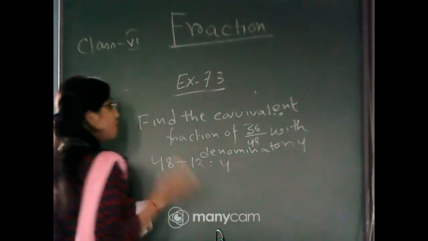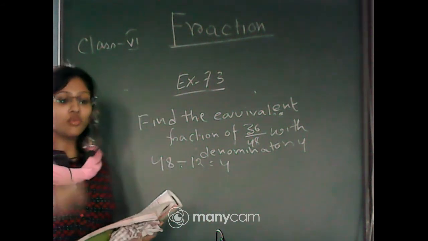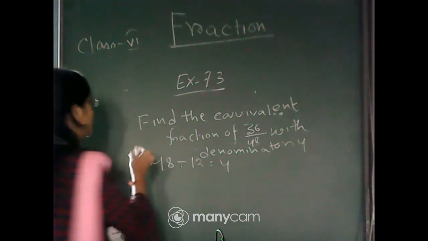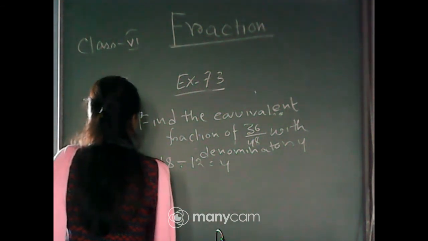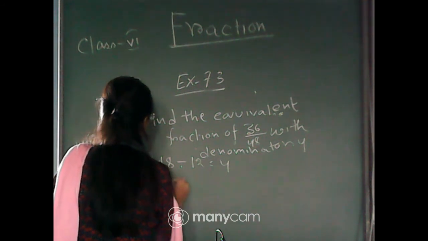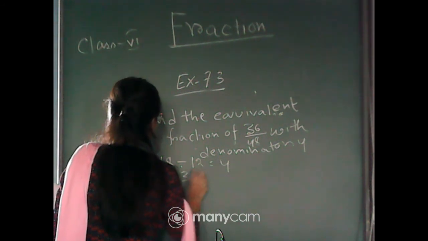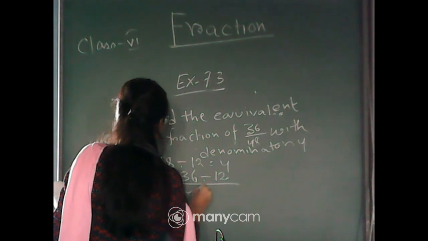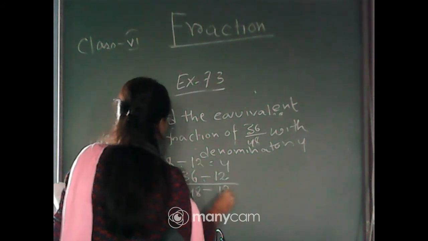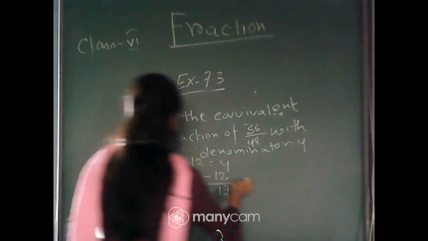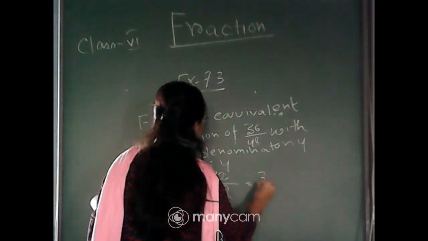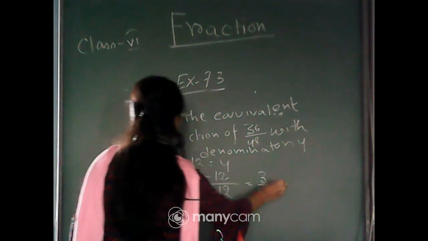Therefore, to find the equivalent fraction, we divide both the numerator and the denominator by 12 and we get 36 divided by 12 over 48 divided by 12, that is equal to 3 by 4.